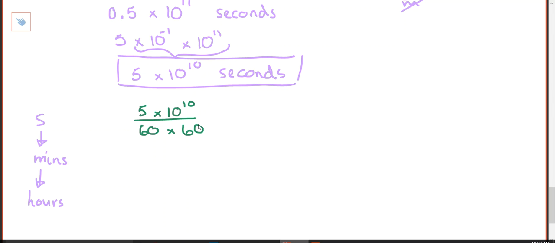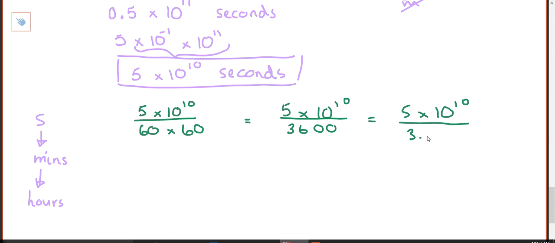That's like doing 5 times 10 to the power of 10 divided by 3,600, which is 5 times 10 to the power of 10 divided by 3.6 times 10 to the power of 3. You okay with that?